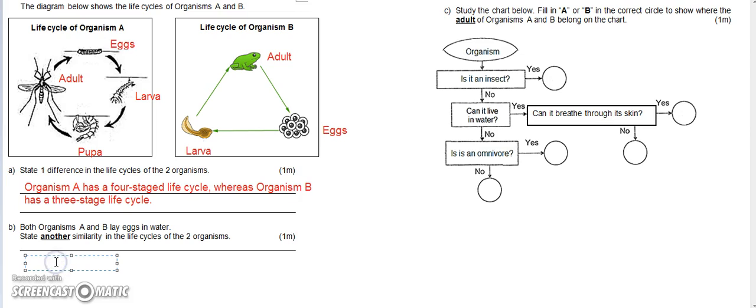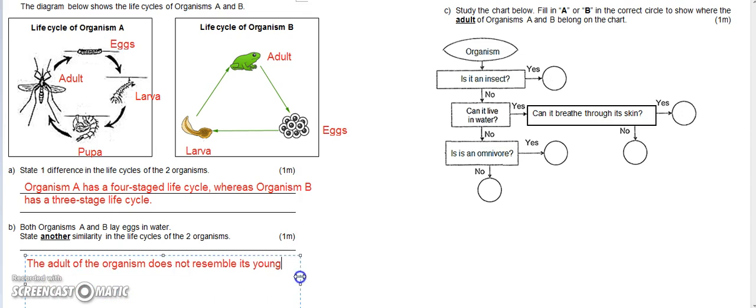So another similarity would be that the adult of the organism does not resemble its young. Okay, do you agree with me?